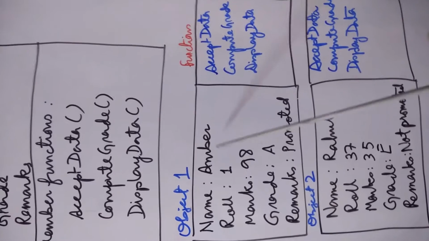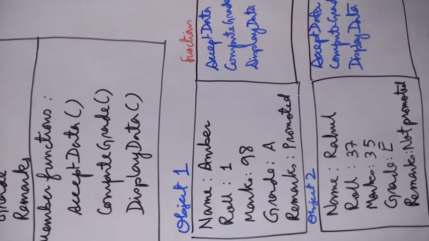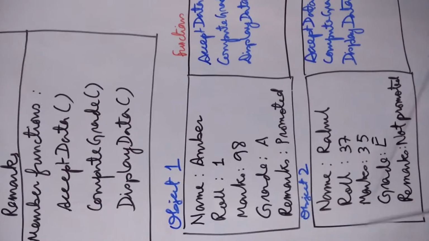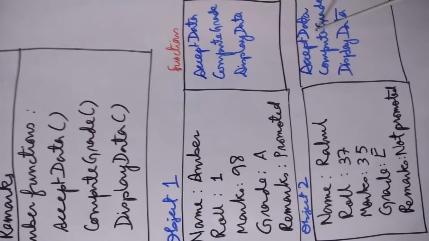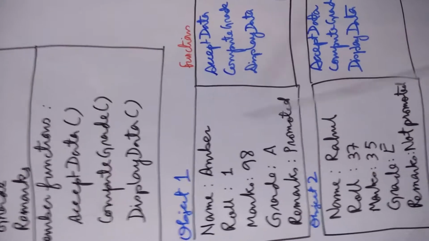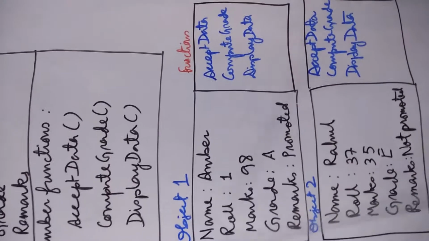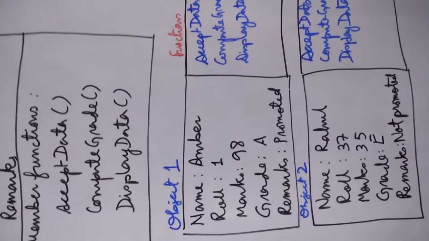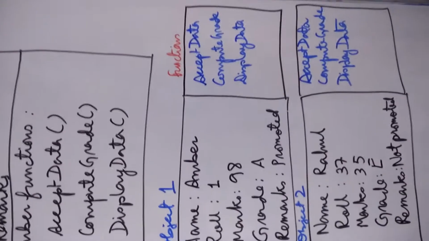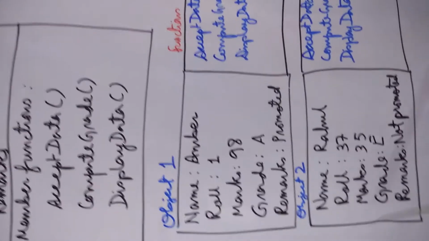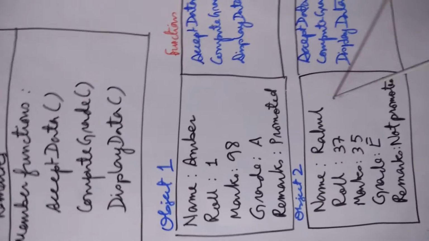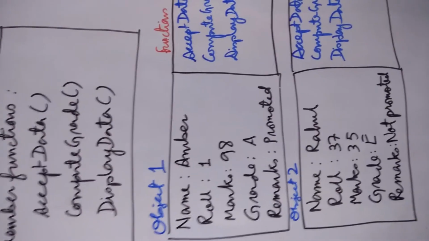So through object 1's function we cannot access object 2's data. Similarly, object 2's function will not change object 1's data. Object 1's data remains secure from the outsider unless its function is called. Similarly, object 2's data remains secured until its function is called.